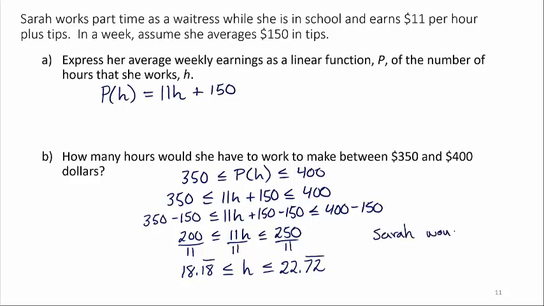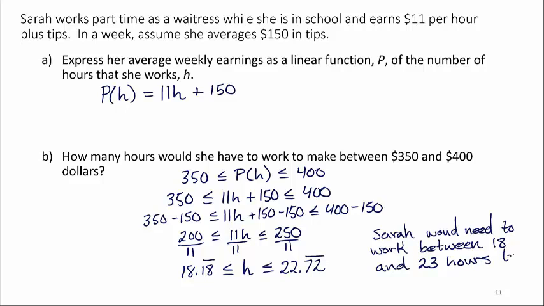Sarah would need to work between 18 and 23 hours, roughly, to earn between $350 and $400.